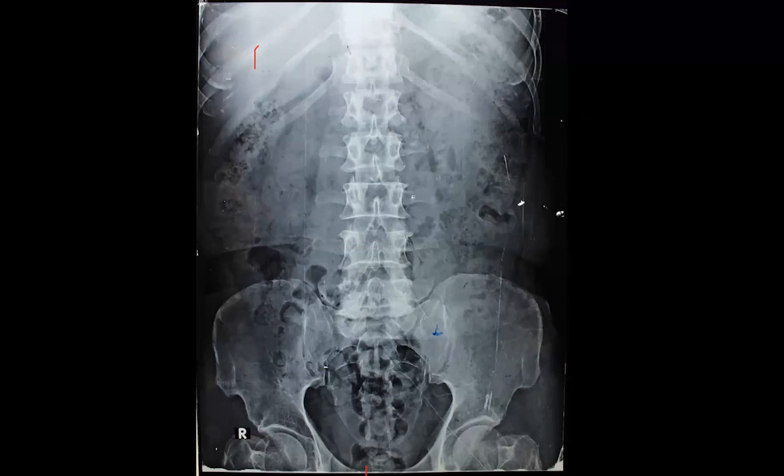But this plain film shows bilateral iliac stenting, just like the one we were talking about a few minutes ago. The barbs are the sharp bits at the end of the stent. The struts are the metalwork of the stent.